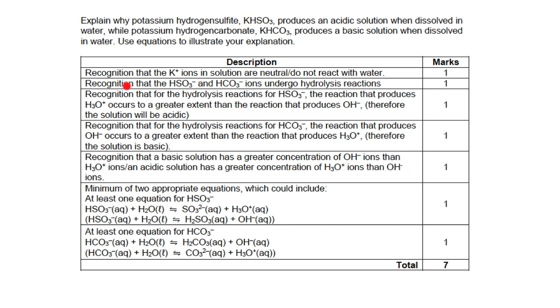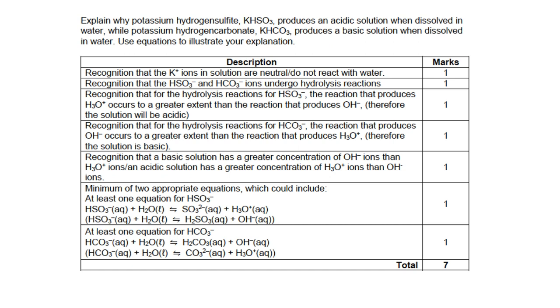Then we have the idea that these two substances undergo hydrolysis reactions, so they react with the water somehow, okay? Then the HSO3 minus, the hydrogen sulfite, reaction that produces H3O+, that's the acid reaction, occurs to a greater extent than the reaction that produces OH minus. So the acid reaction, the Ka is greater than the Kb. That's the idea there, that out of the two reactions, one of them occurs more.